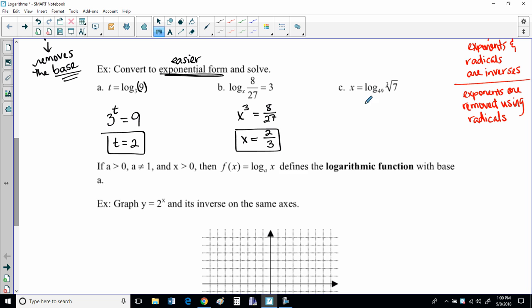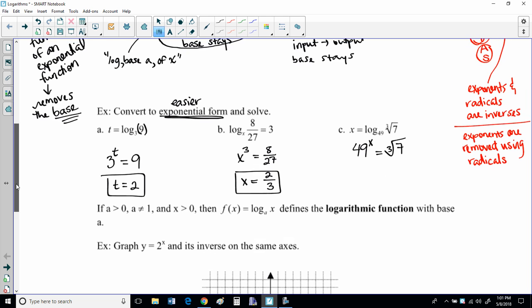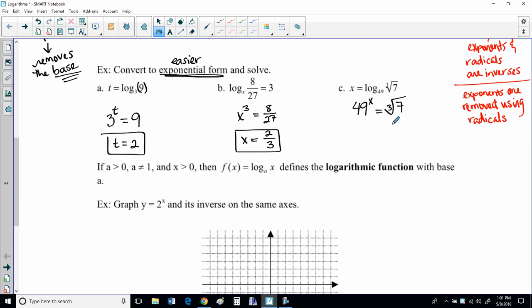All right, so then base stays base. Then output becomes the input. Input becomes the output. Now this one's a little tricky. So I want you to think about common bases to solve this one, like we did a couple of pages ago in your packet in 4.2, page 7.